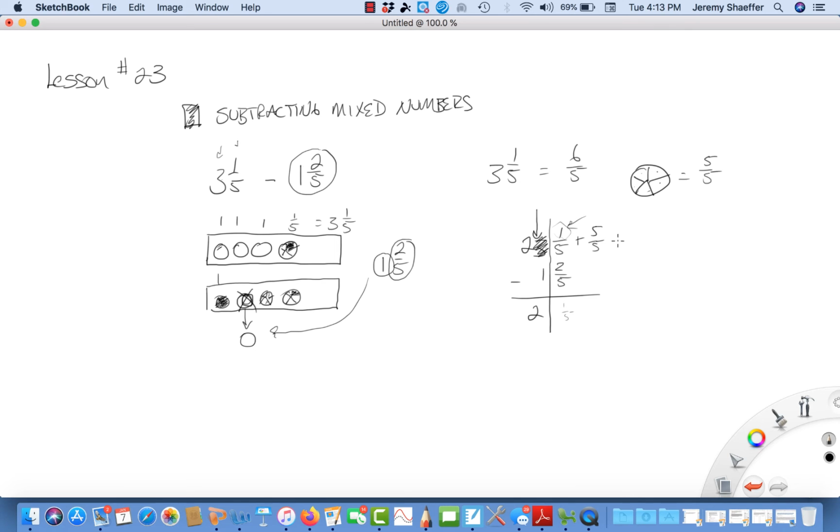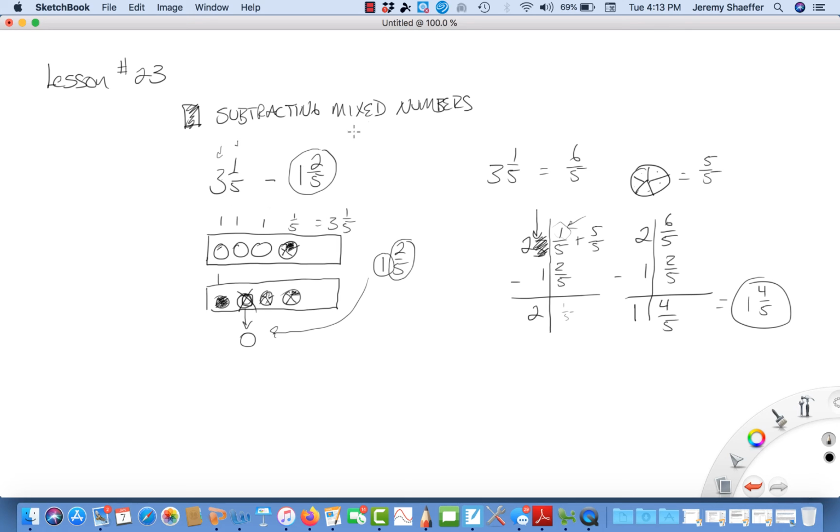Which means that now our problem looks like this: 2 and 6/5 minus 1 and 2/5. All right, so 2 minus 1 is now 1. 6 minus 2 is 4/5. So our answer is 1 and 4/5.